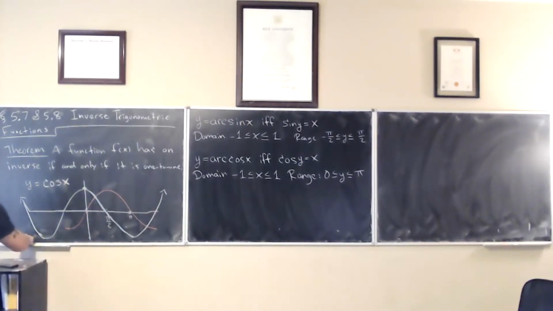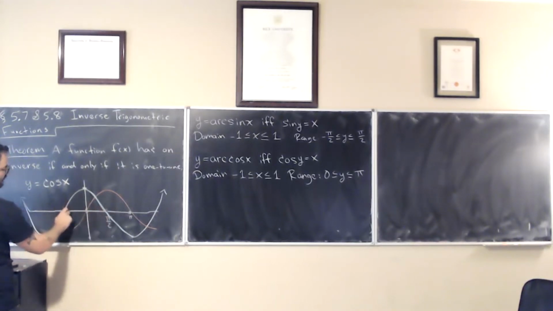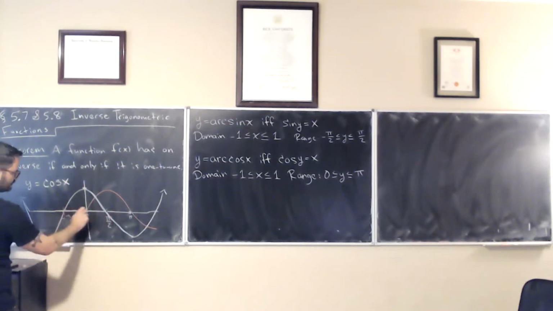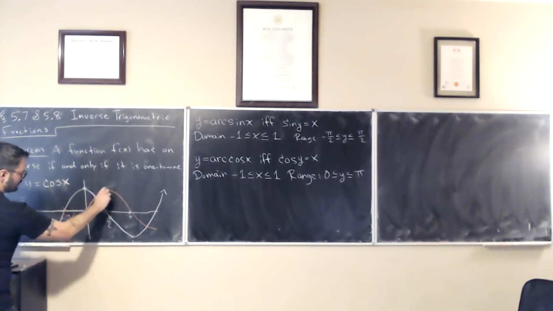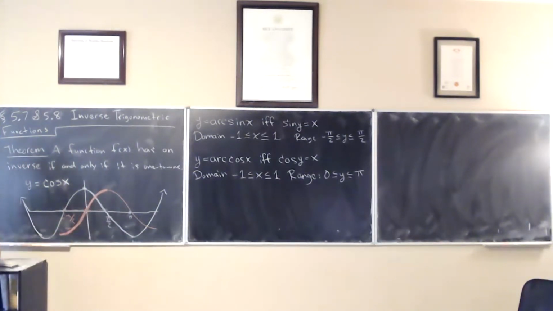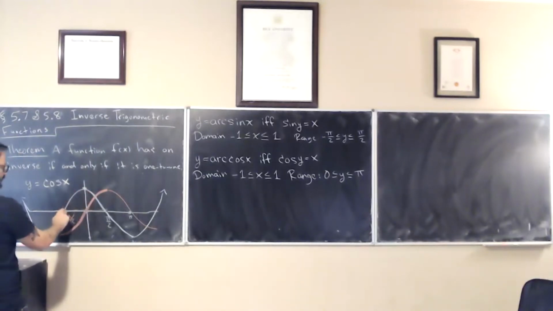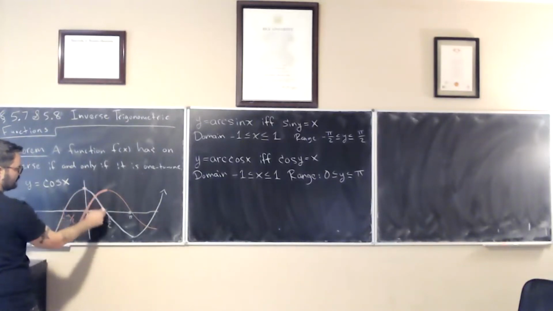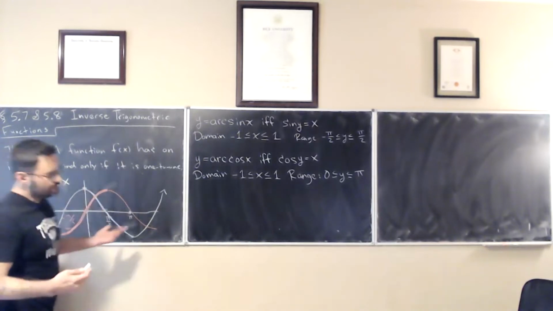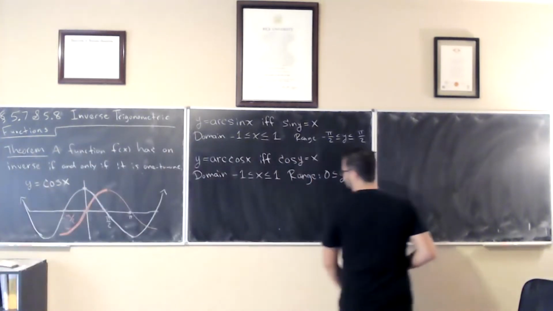So then everything makes sense. -pi/2 to pi/2, this interval here, that would be a 1 to 1 function. Okay. For cosine, -pi/2 to pi/2 would not be a 1 to 1 function. So that's how I caught my mistake.